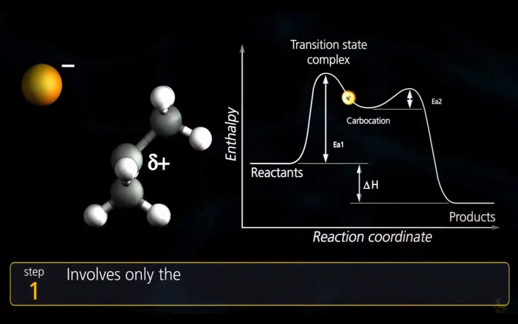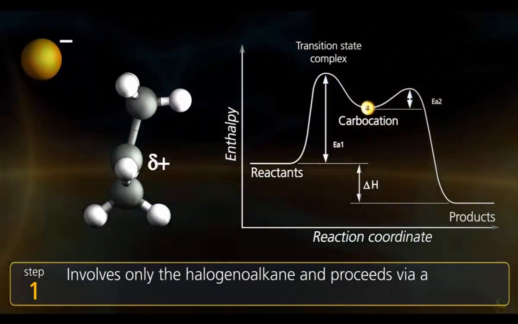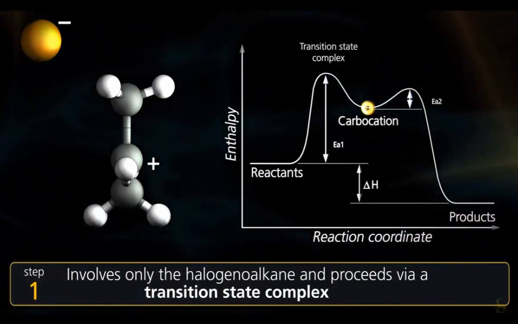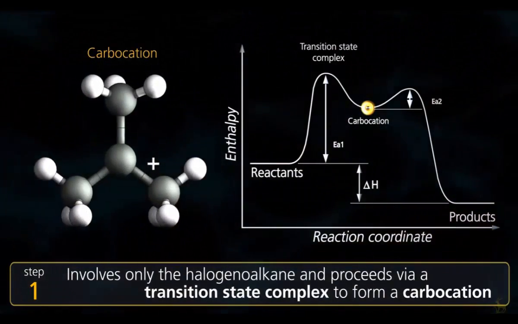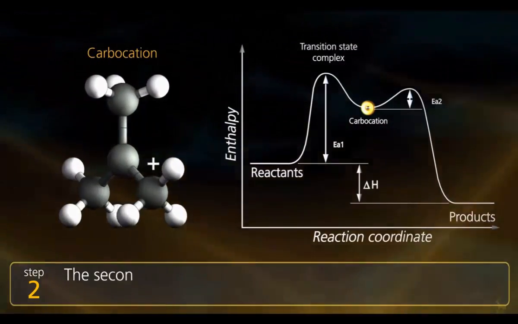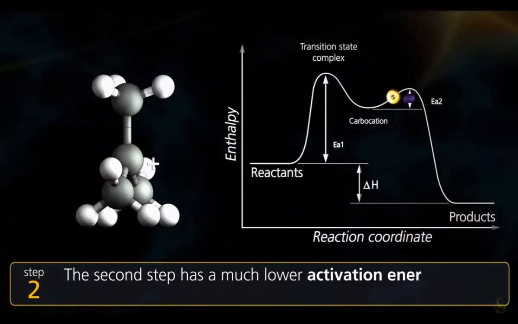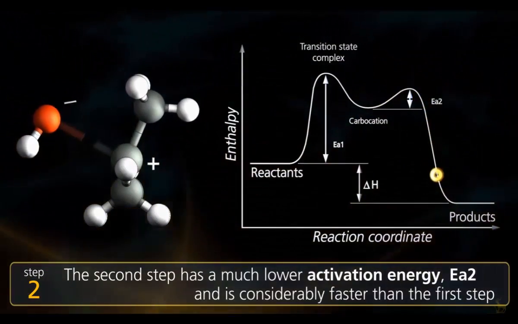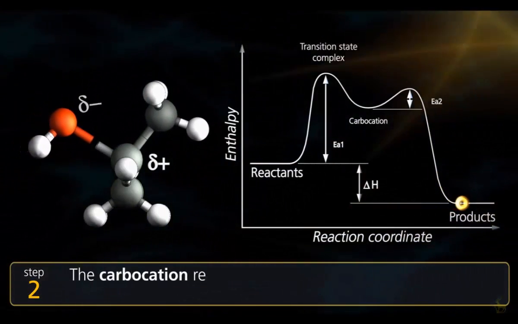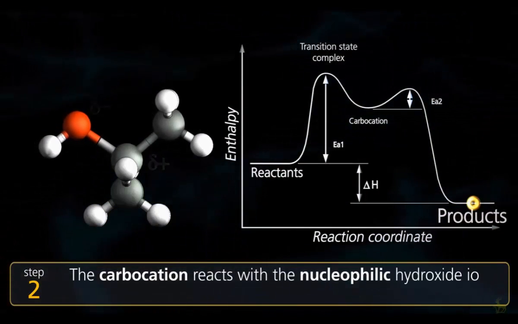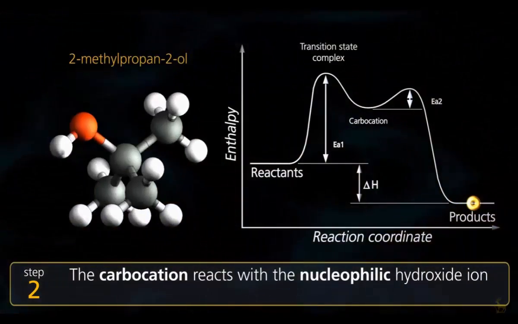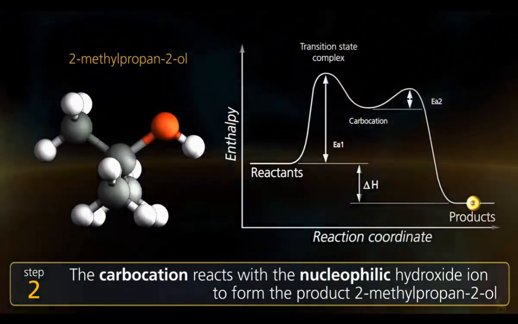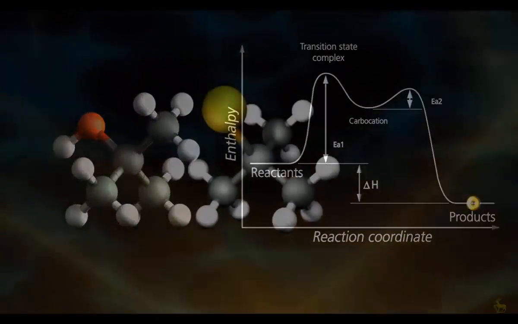The first step involves only the halogenoalkane and proceeds via a transition state complex to form a carbocation. The second step has a much lower activation energy, EA2, and hence is considerably faster than the first step. The carbocation reacts with the nucleophilic hydroxide ion via a second transition state to form the product 2-methyl-propan-2-ol.